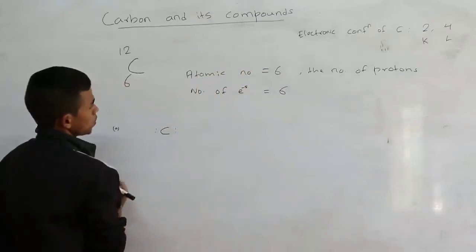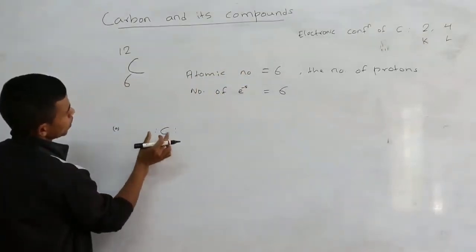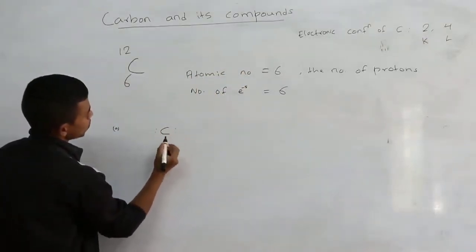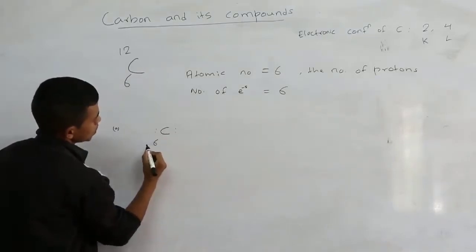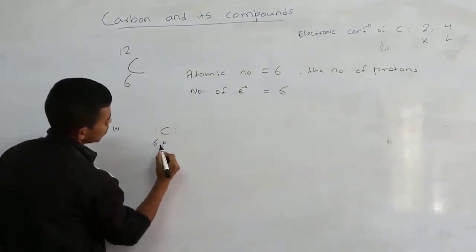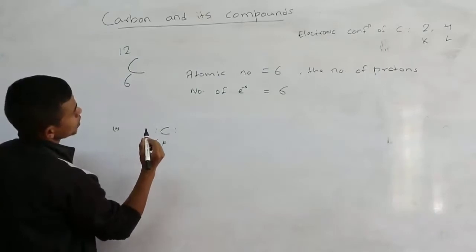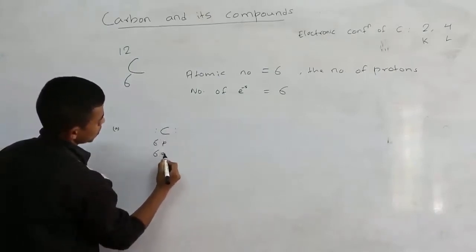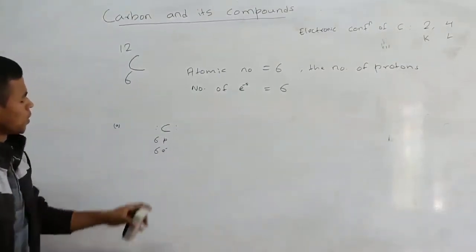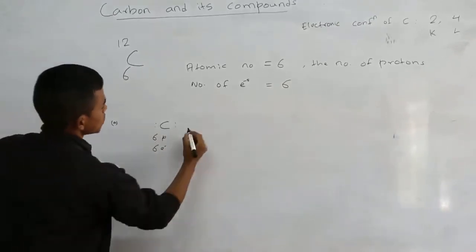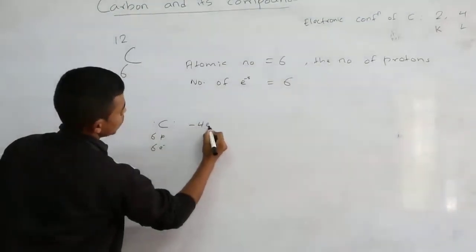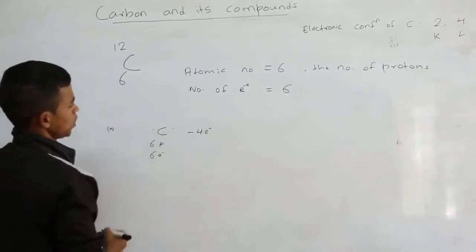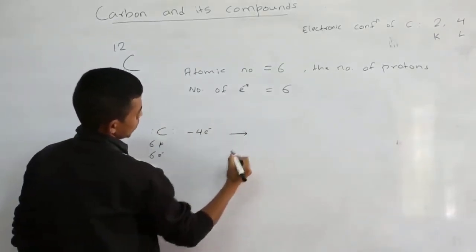So suppose carbon has six protons and 6 electrons. If carbon loses those 4 electrons from the valence shell, what will happen?